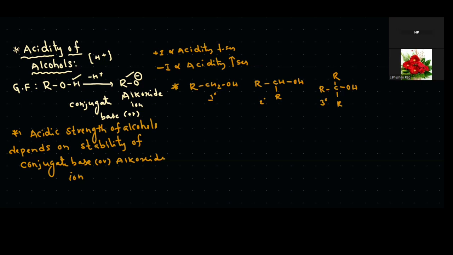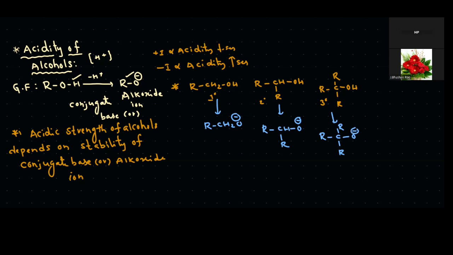In these three alcohols, the acidic character depends on the ability to release H plus ions. After removal of H plus, we get RCH2O minus, R2CHO minus, and R3CO minus.